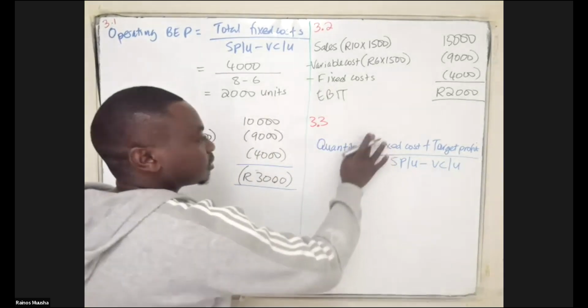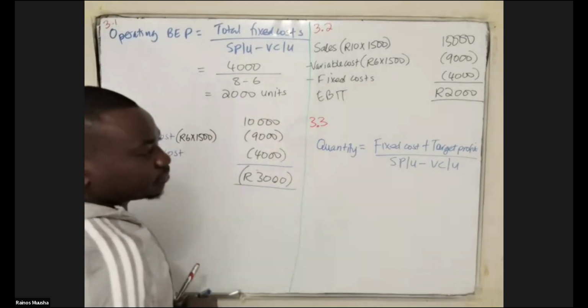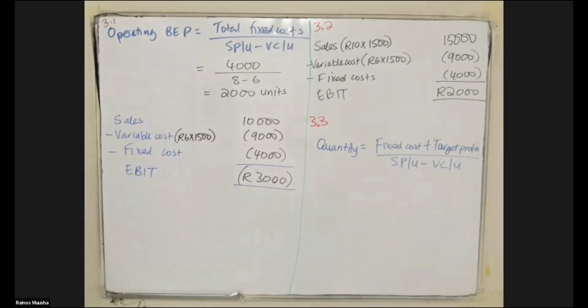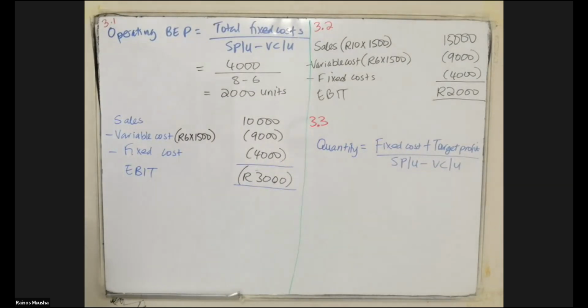So your fixed costs plus your target profit divided by your selling price per unit minus your variable cost per unit. This will tell you exactly how much quantity enables you to generate a certain profit.